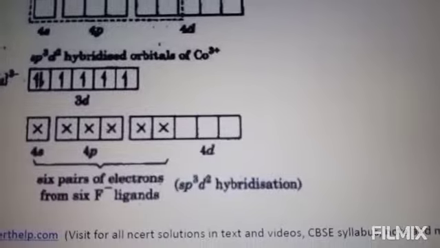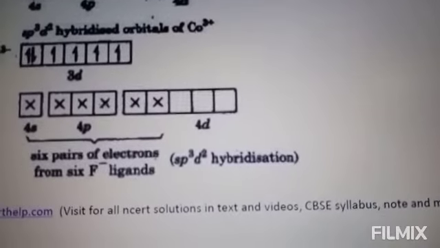Okay, now altogether in this compound CoF6 3-, the electronic arrangement becomes 3d6. Okay, and within the 4s 2 electrons from fluorine, 4p 6 electrons from fluorine, and 4d will have 4 electrons from fluorine.